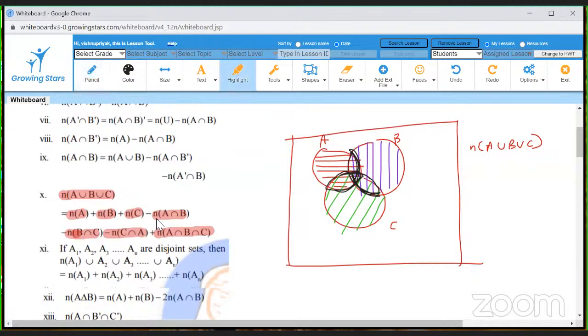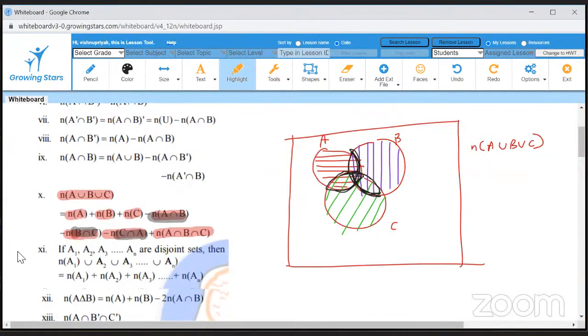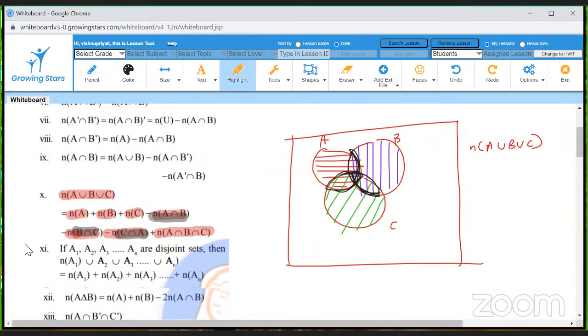So I'm subtracting A intersection B, B intersection C, and C intersection A. One time I'm subtracting because I took double times. I'll keep one, I'll subtract.